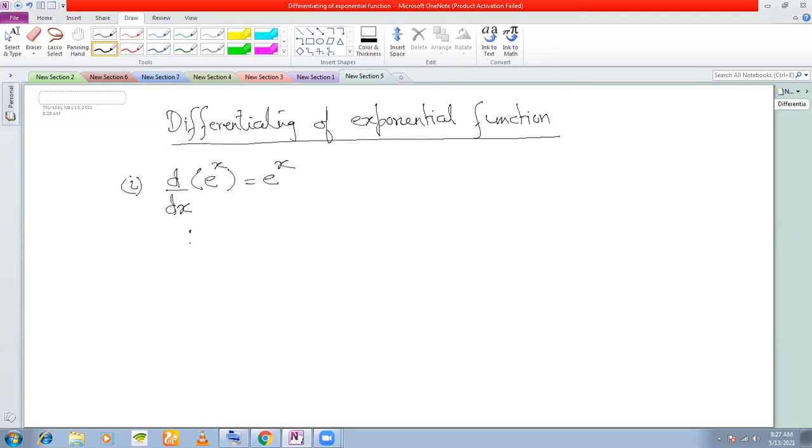Now, what you must note is that from chain rule, it can be shown very easily. I'm not showing you, but just remember this, that differentiation of e to the power of any function f(x) is carried out in a way that we first differentiate e to get e to the power of f(x), right?